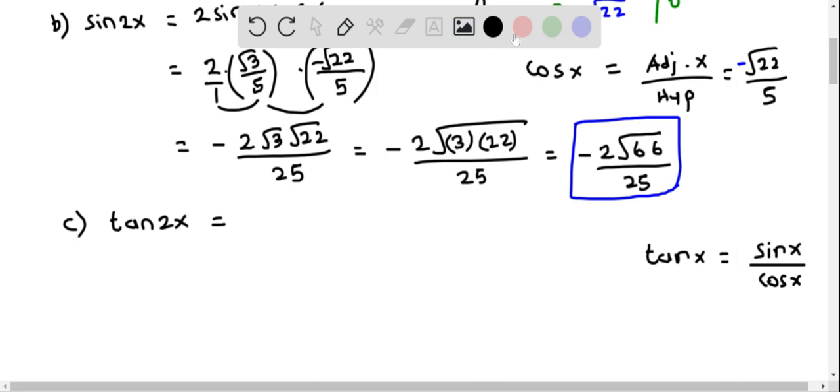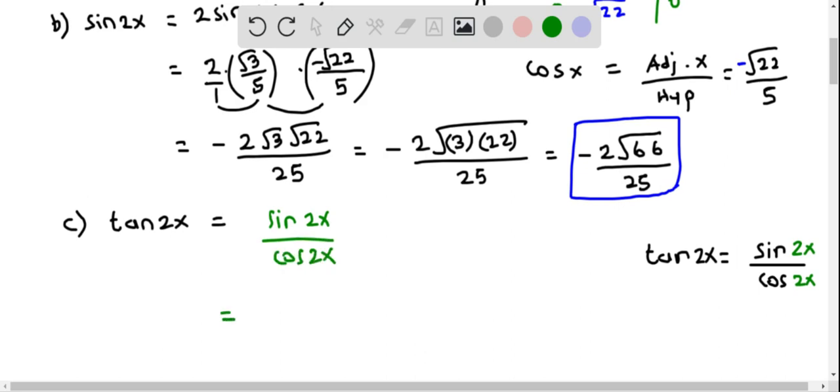If we replace x by 2x in this identity, this will become tan of 2x equals sine of 2x over cosine of 2x.